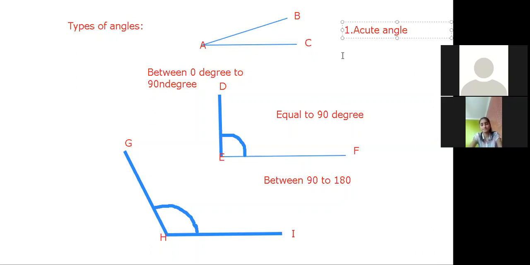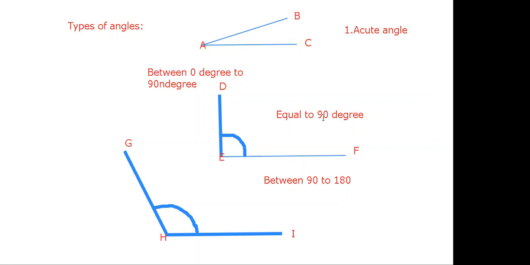And the angle which has exactly 90 degree value is a right angle. In the first example, more than 0 and less than 90, this is an acute angle.